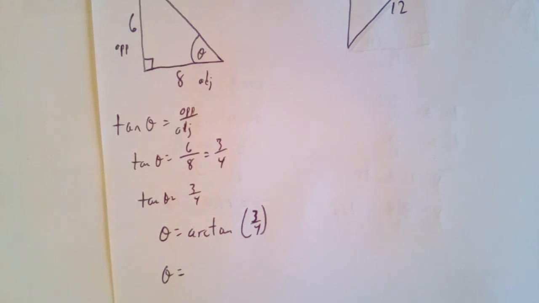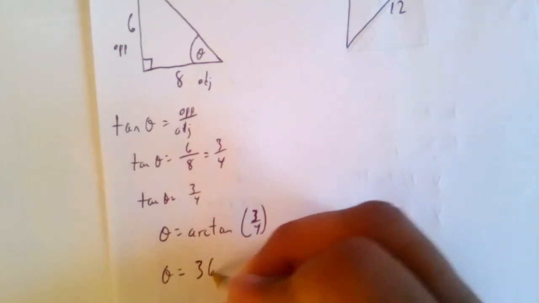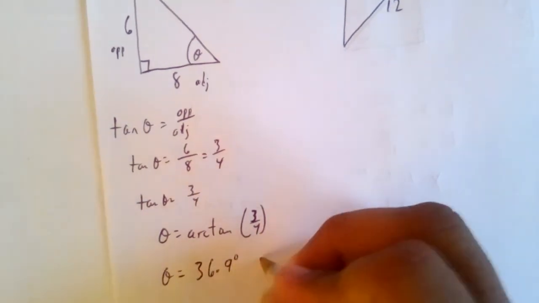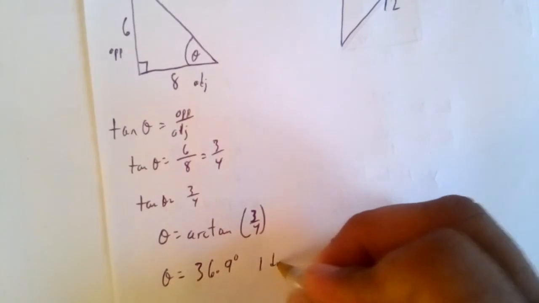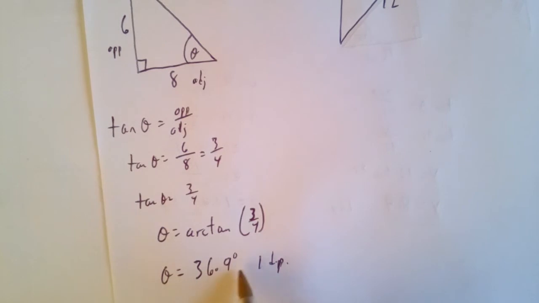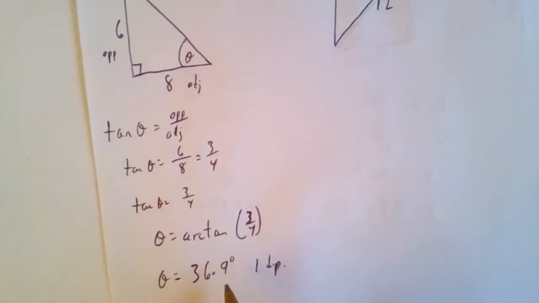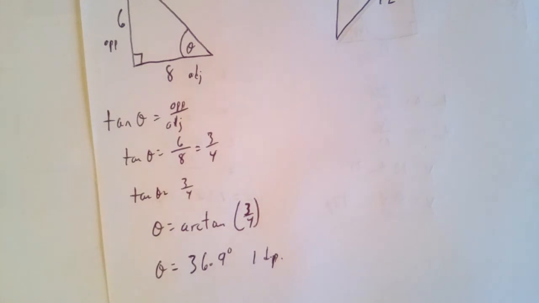For right now we're going to be using our calculator, given that you are allowed to use it. So you find inverse tan 0.75, or 3/4, and that is equal to the angle, and you give it to one decimal place, which is 36.9 degrees, 1 dp rounded off. Since we're working with whole numbers, make it to 1 decimal place. Accuracy is what we want. All right, so that's for that one.